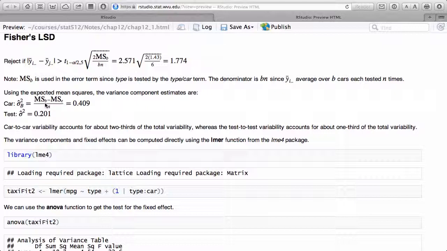There's no guarantee that the mean square for B is bigger than the mean square for E. So therefore you could get negative estimates. The REML estimates force it to be positive. Now in this case, if I get a negative, I simply set it to 0. Basically I'm saying it's very small. So I kind of have to correct it after the fact if I get a negative, whereas the REML will put a constraint on it so it won't be negative. In other words, during the estimation technique, they put a constraint on it. That's why they called it a restricted maximum likelihood estimate.